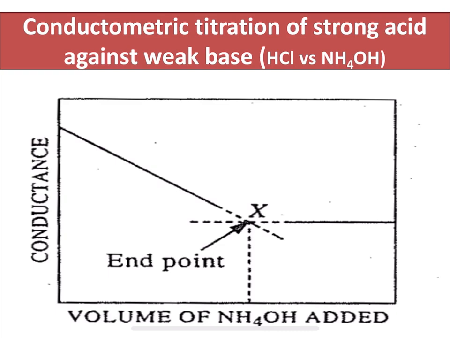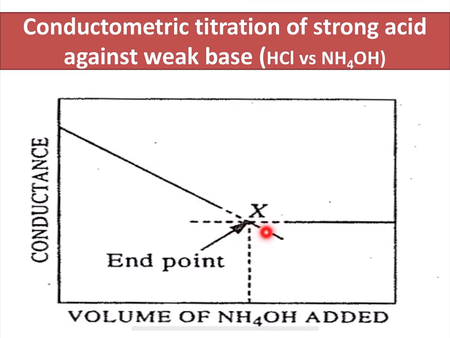So that will be the initial conductance of the electrolyte, and next we have to add 1 ml of ammonium hydroxide, that is one normal ammonium hydroxide, and we have to add 1 ml in successive amounts, and the measurement of conductance is repeated until at least 3 or 4 readings are obtained after the end point.